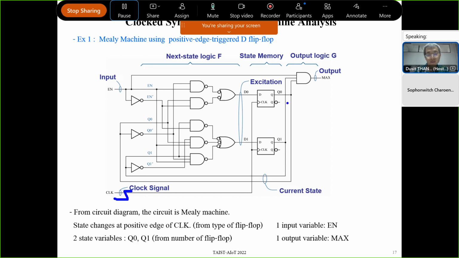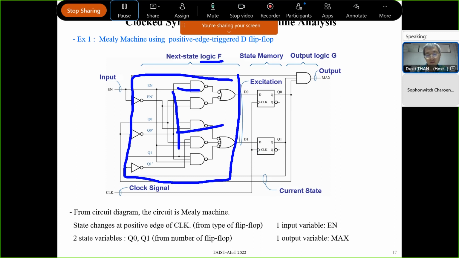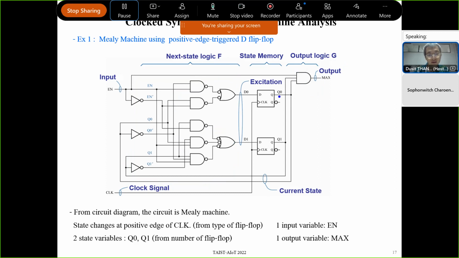When the clock ticks, the flip-flops will read data from, in this case, D0 and D1 at the same time. This part of the circuit is circuit F, the next state logic. This circuit is output logic G that is used to convert the state, and maybe use some external input.